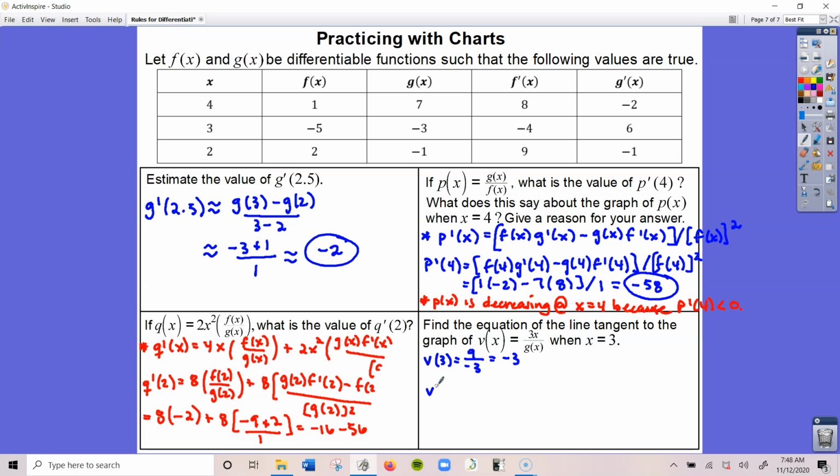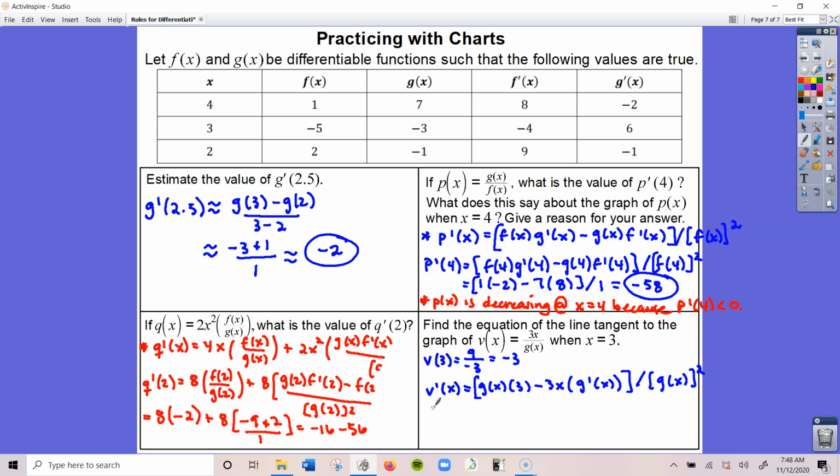Now we need our slope, so I need to find the general equation for the derivative. V prime of x is going to be low, so g of x, d high, which is 3, less high d low, which is g prime of x, and everything is over g of x squared.